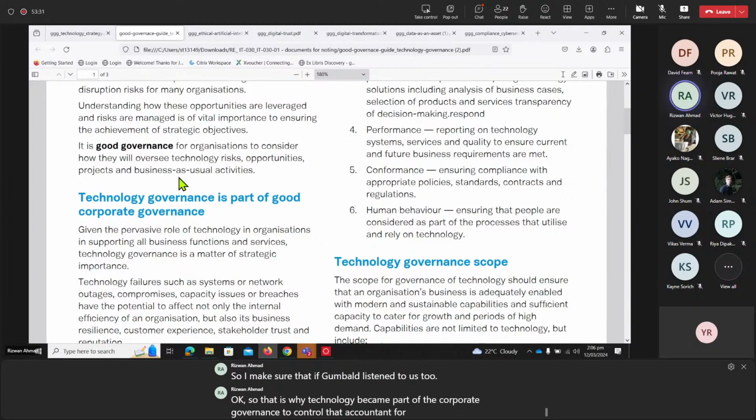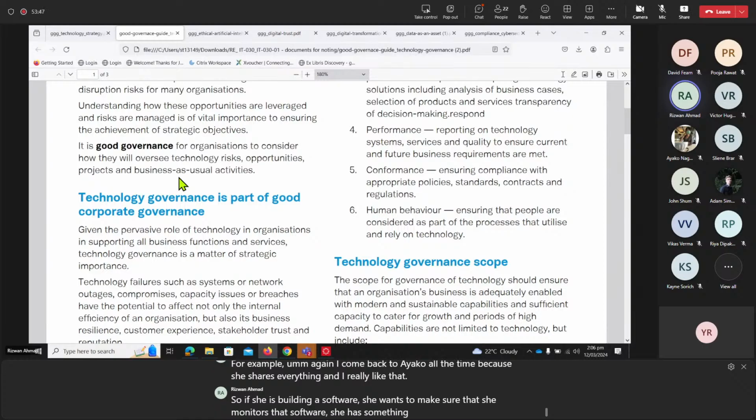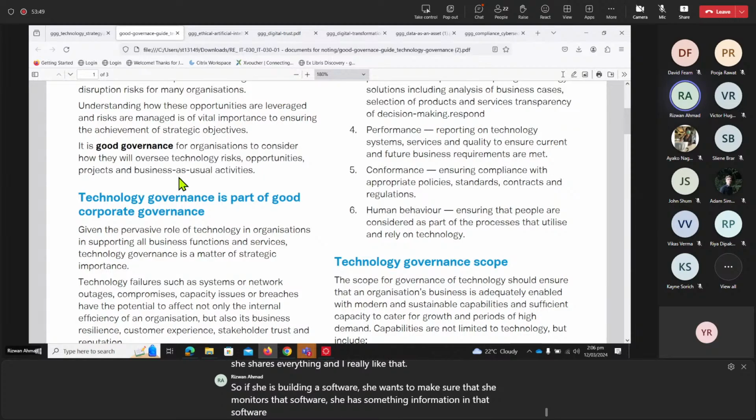For example, I come back to Ayako all the time because she shares everything and I really like that. If she is building a software, she wants to make sure that she monitors that software. She has information in that software that she is able to see or make people accountable.